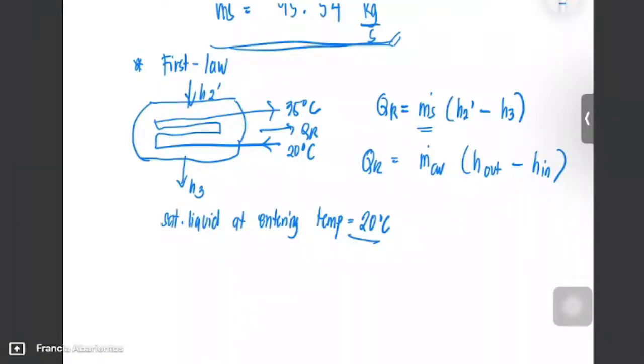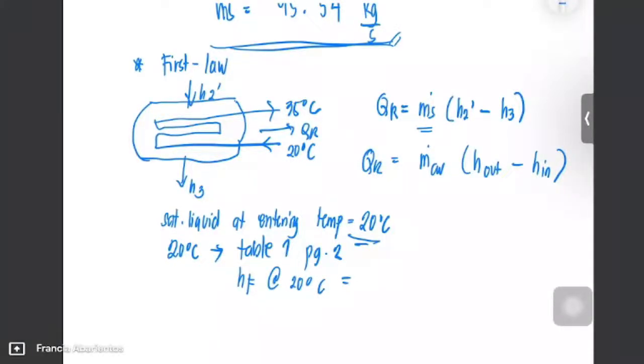Punta ka sa 20 degrees Celsius. Kasi water naman siya, you can use the steam table. Kasi steam ba class galing sa tubig. Table 1, page 2. We have now HF at 20 degree, kasi saturated liquid naman talaga siya.